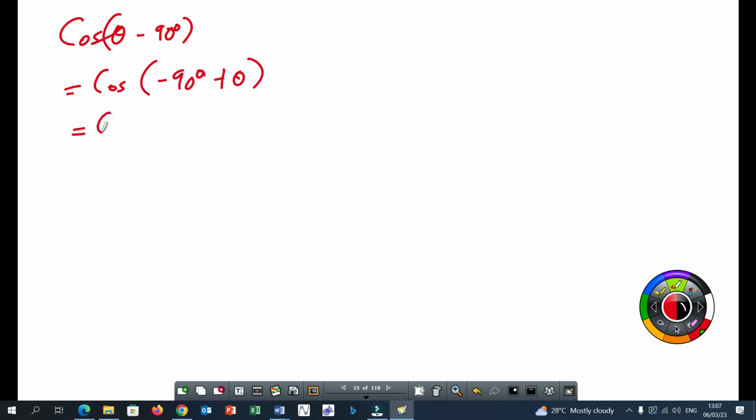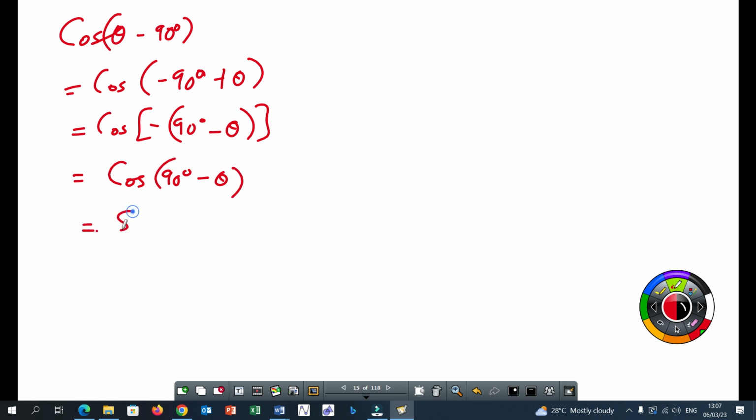And this can be written as cos of minus, 90 degrees minus theta. And we know that the cosine of a negative angle is always a positive angle. So this is equal to the cosine of 90 degrees minus theta, and that's equal to sine of theta. We are going back to the basics.